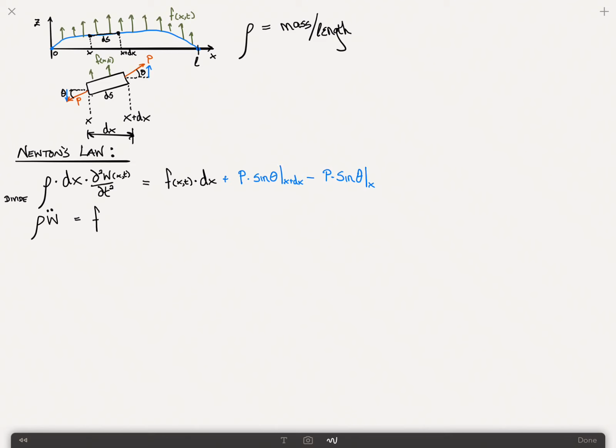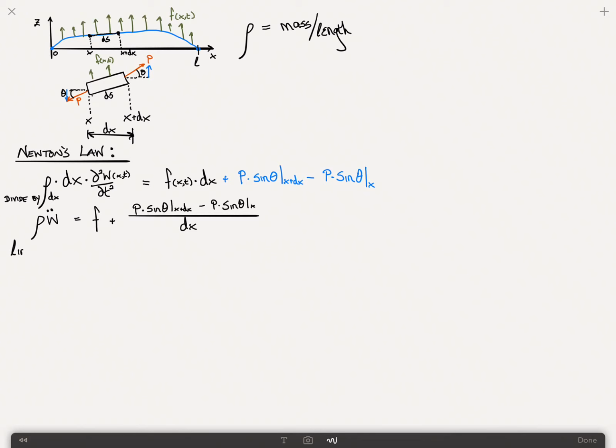Divide by dx. All right, and then I'm going to group this term as follows. It's P sine theta at x plus dx minus P sine theta at x, and that whole quantity is divided by dx. Now that should look familiar.